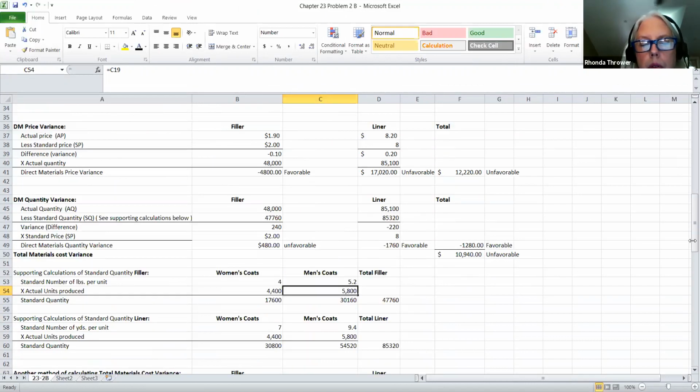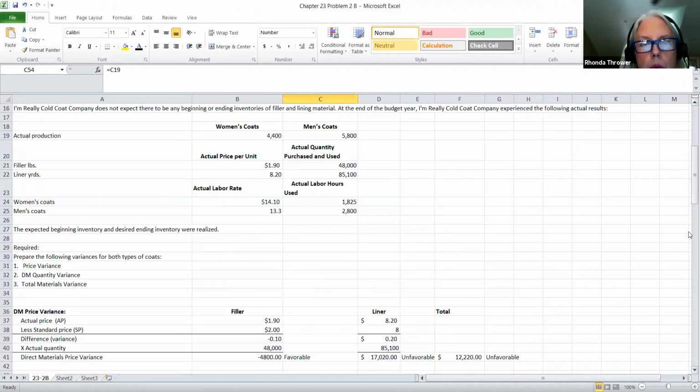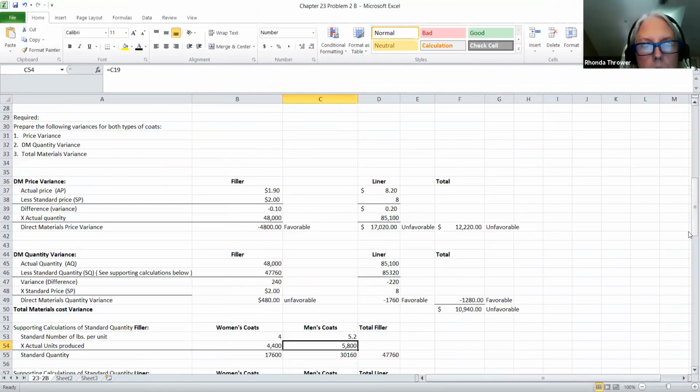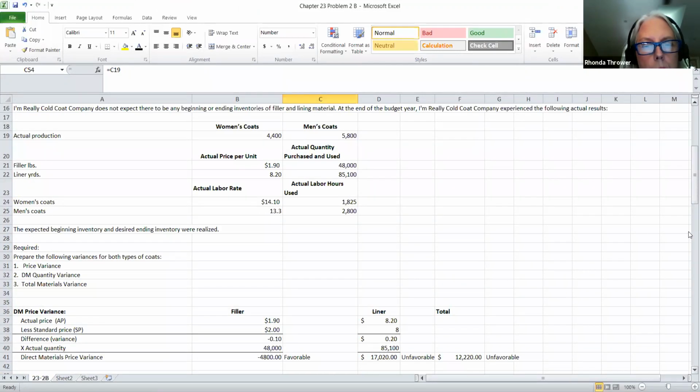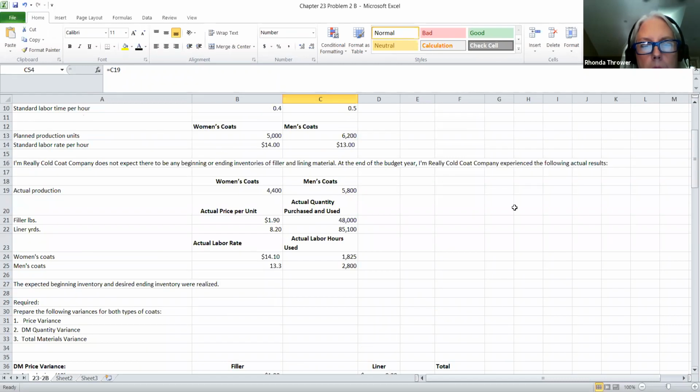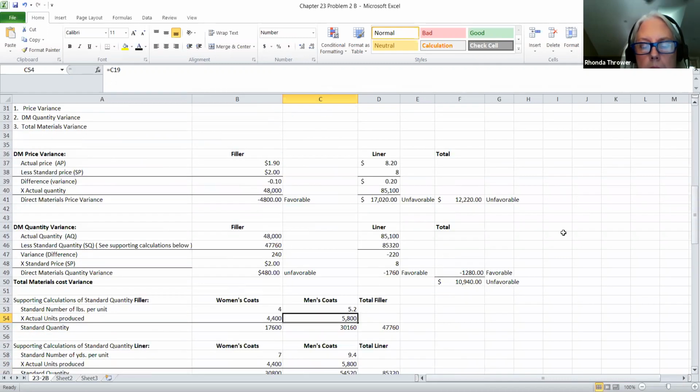Excuse me, I picked up the wrong one. It's right here. It's 5,800. And then 5,800 units produced times the standard number of pounds it takes for one man's coat. You multiply the two of these, and that will give you the standard quantity for your men's coats.